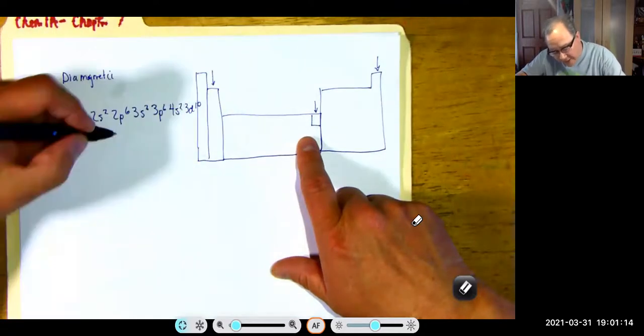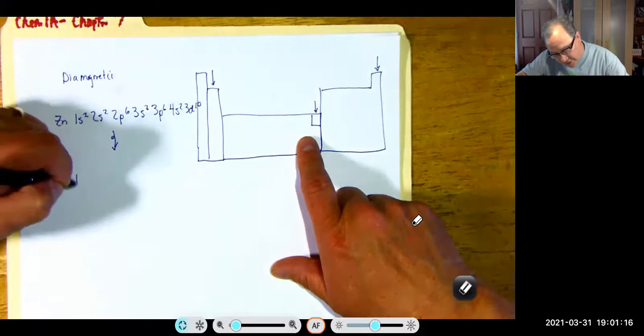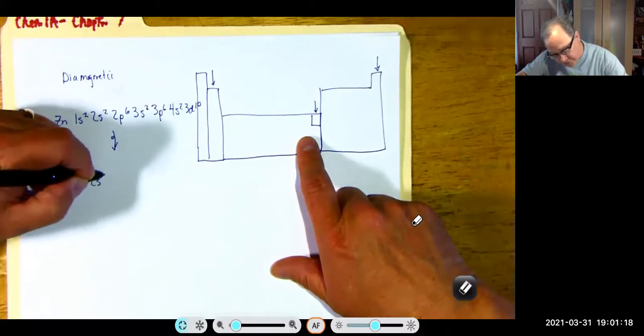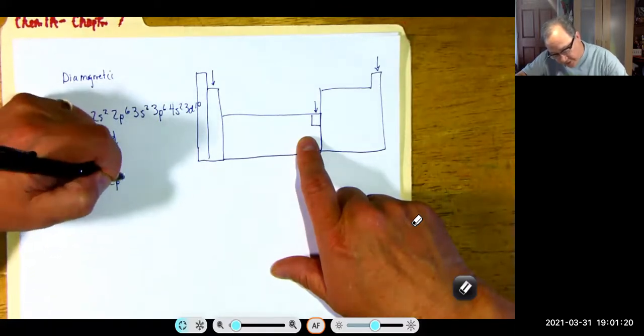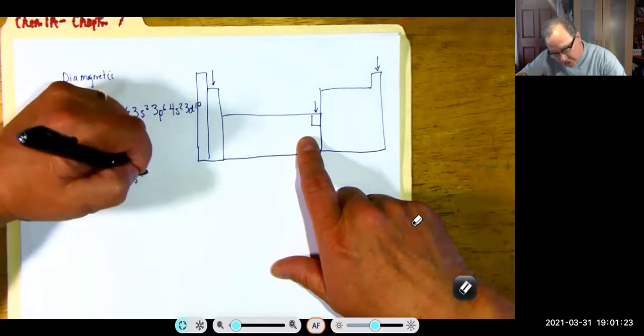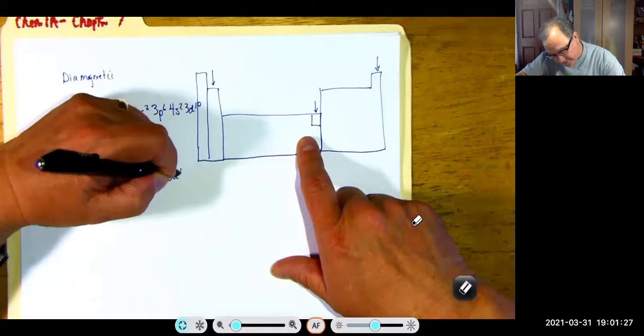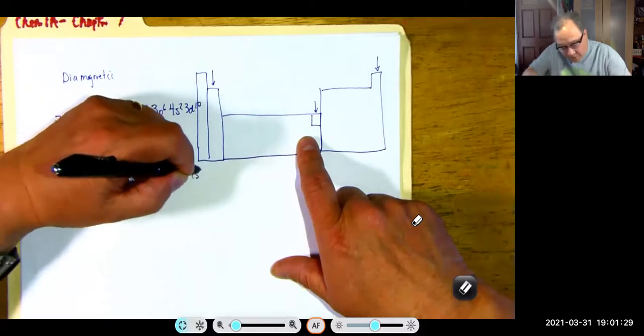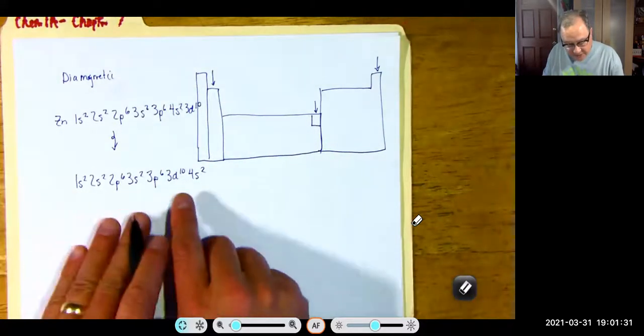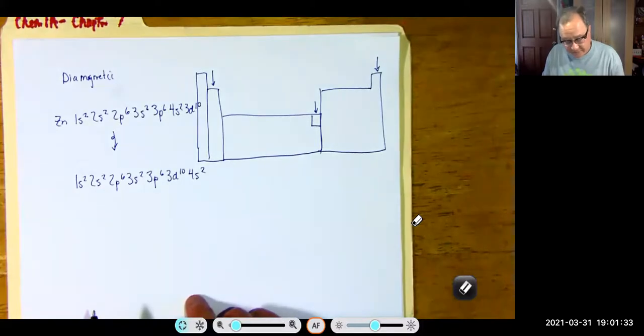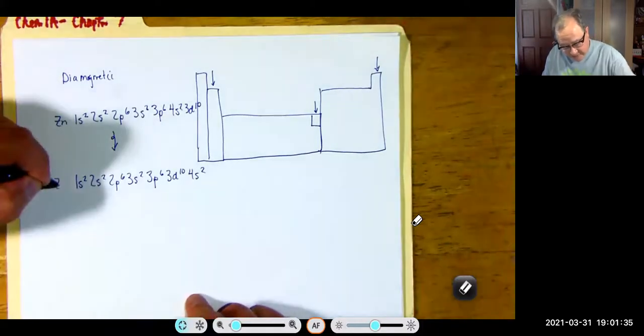We would rearrange this and write it as 1s2, 2s2, 2p6, 3s2. And a good question right now is, why didn't he start with the noble gas? And the answer is because I wanted you to see every subshell. So this is zinc.